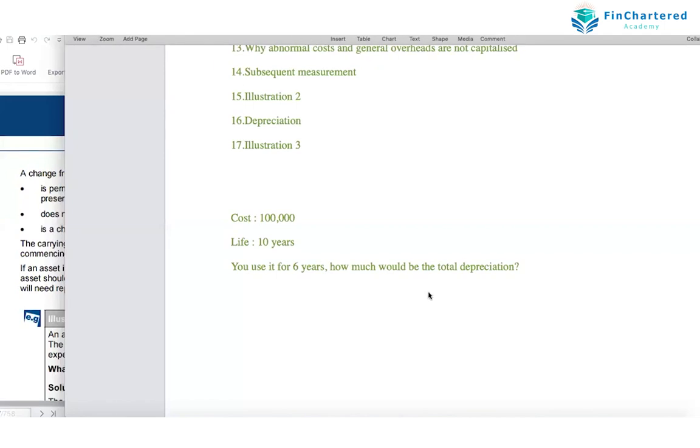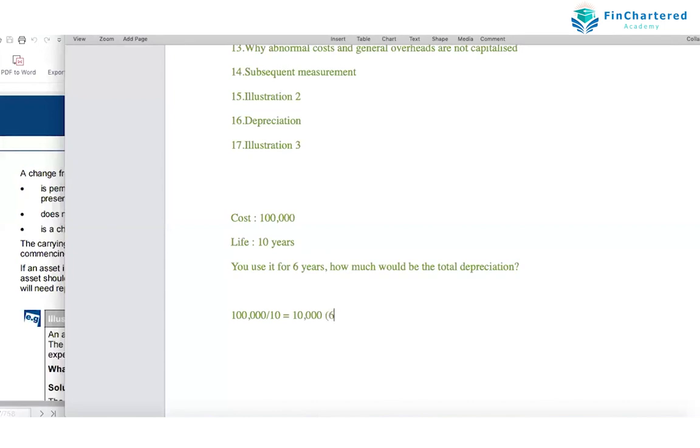Everybody is right. But again, for the sake of those who don't know, the asset is 1 lakh and there is a life of 10 years. So every year, the wear and tear will be 10,000. 1 lakh is for 10 years, so for 1 year, the wear and tear will be 10,000.